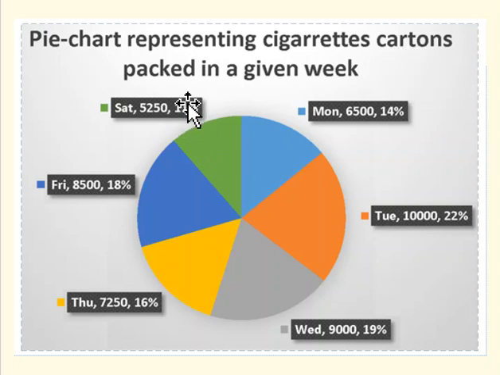So if it is 11, it is proportional to the degrees we have for Saturday. So when we represent these pie charts, we can represent them either in percentage or in degrees, and we have the same representation like this.